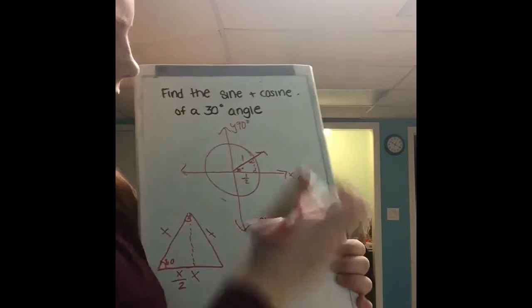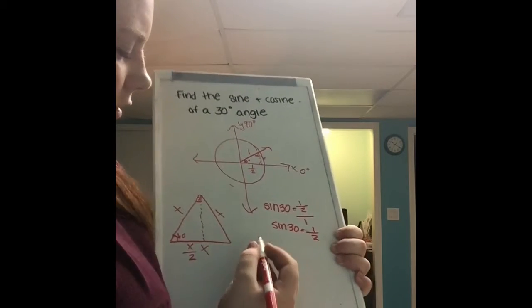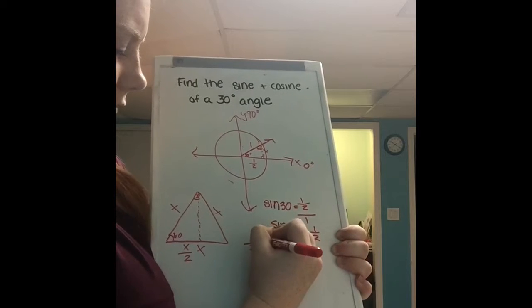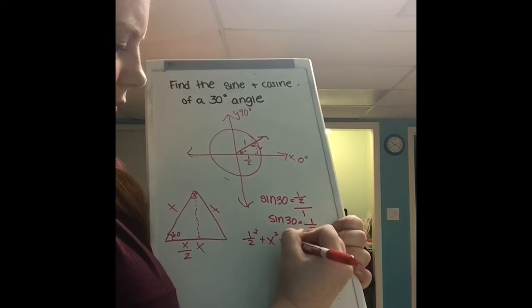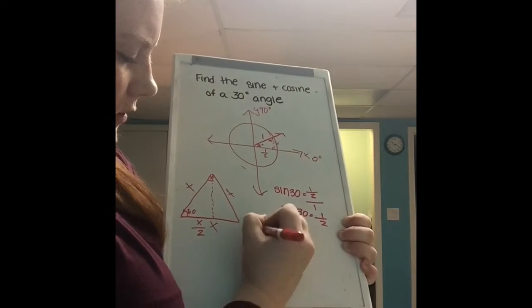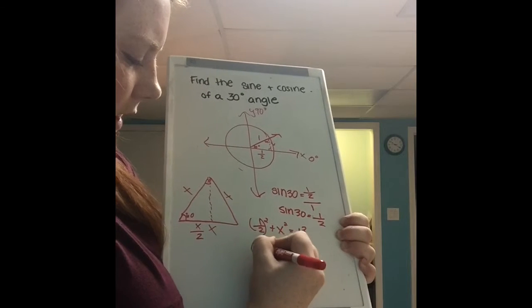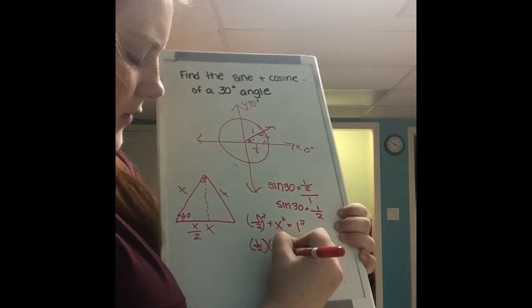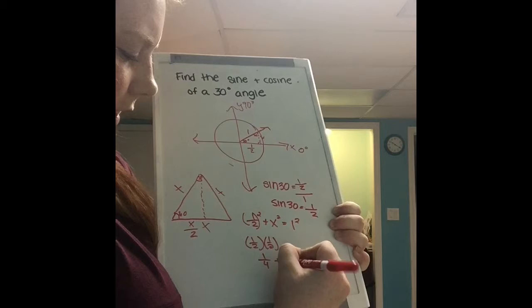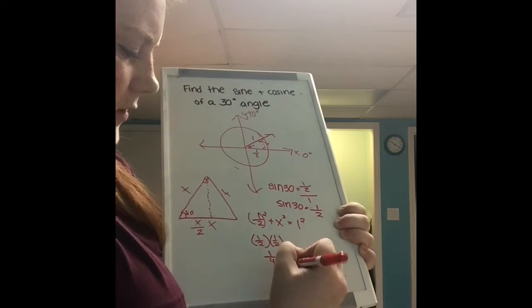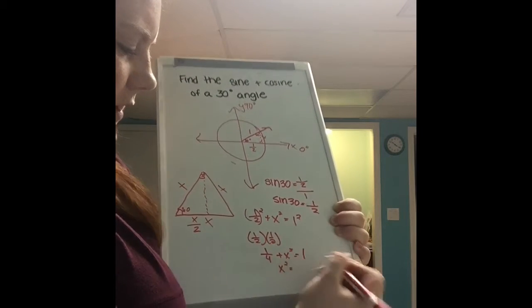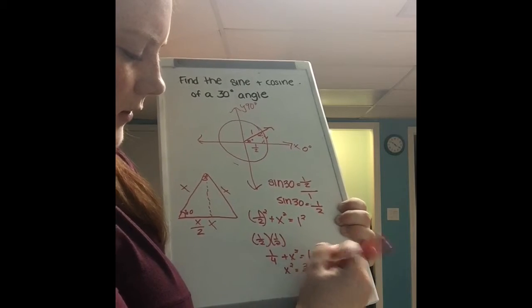Now, to find x, 1/2 squared plus x squared equals 1 squared. So 1/2 times 1/2 equals 1/4, plus x squared is 1. So x squared would equal 3/4.